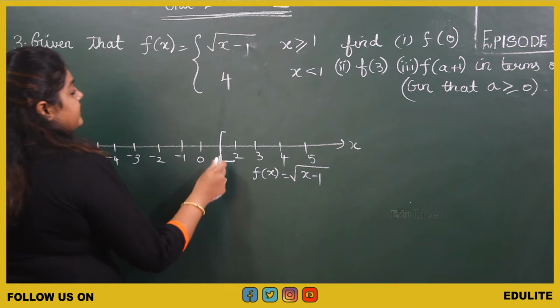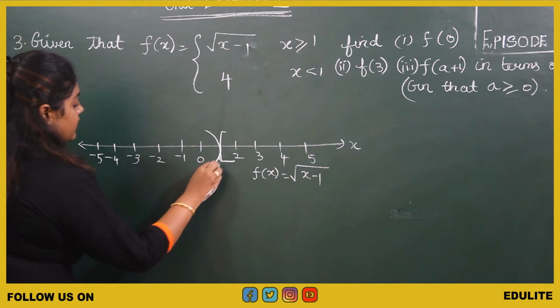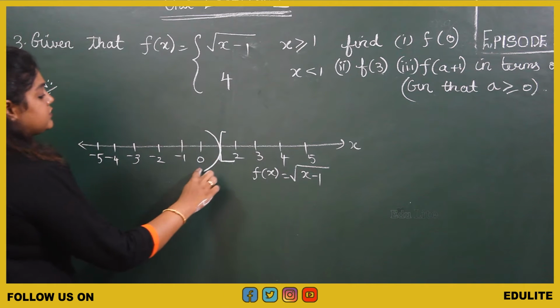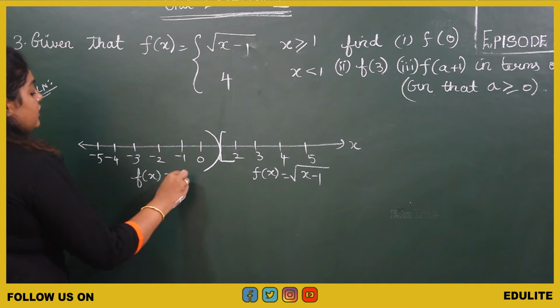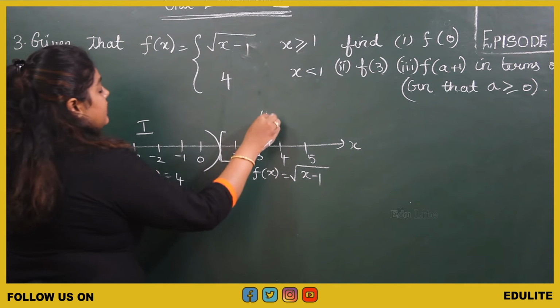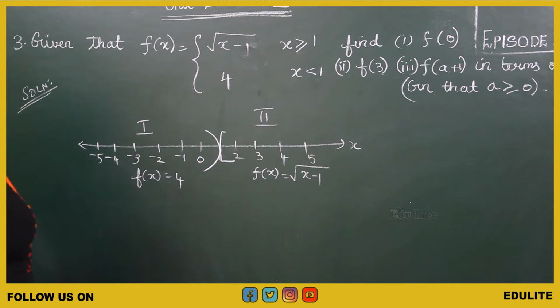And f of x is 4 when x is less than 1. 1 is not included, therefore I am using open brackets. f of x equals 4. This we will consider as interval 1, and this as the second interval.